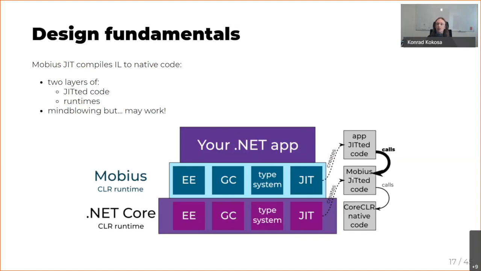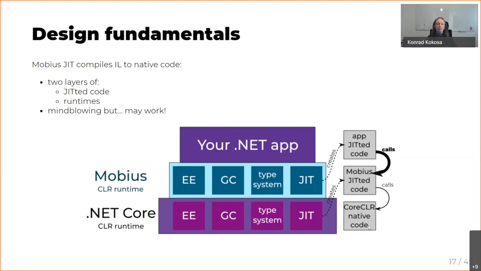So the allocator code will be JITed and will now be executed as native code just because it has been JITed by .NET Core or 5. So yes, we have two levels of JITs, but I would say 90 or 80% of the application will be just executing the native code with some occasional, not so frequent calls to the Mobius code, which then will have even less frequent calls to the regular .NET Core code of the runtime.